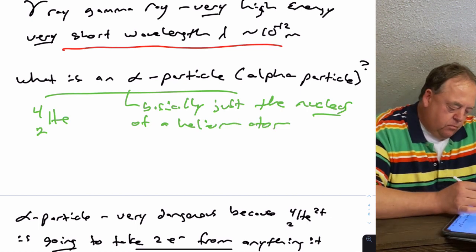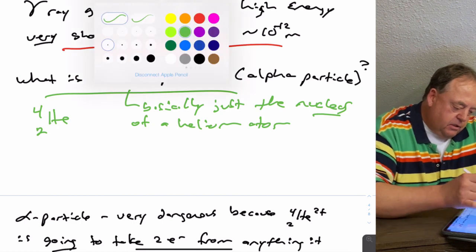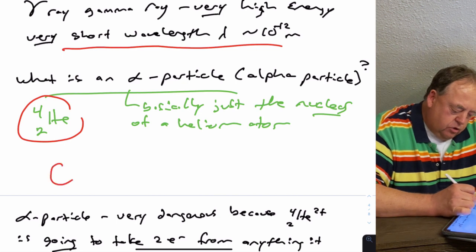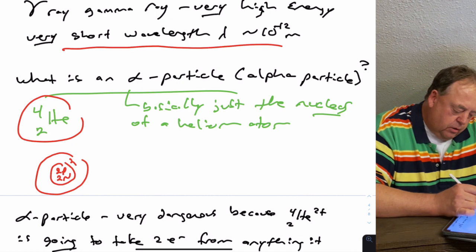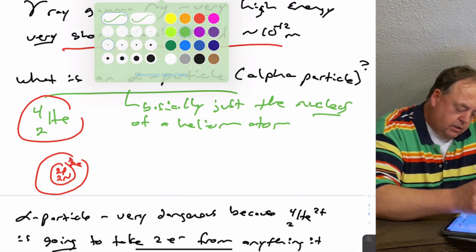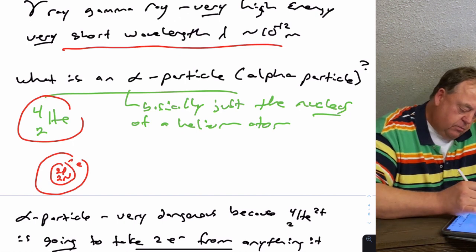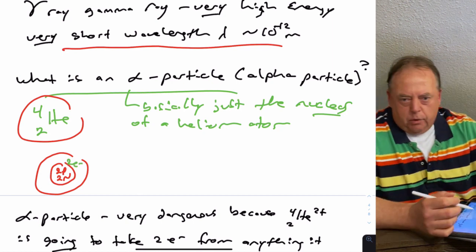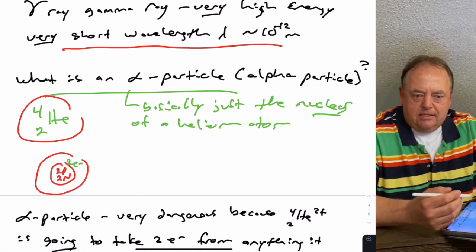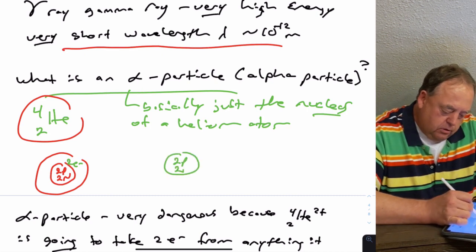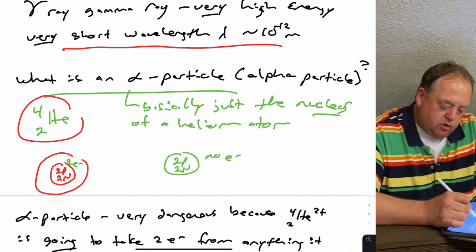Of course in Chem 1, if we saw this, we would write the structure of the atom as 2 protons, 2 neutrons, and 2 electrons, because it has no charge shown, so it must have the same number of protons and electrons, right? Well, that's not what an alpha particle is. An alpha particle is just the nucleus of a helium atom, so it's just 2 protons, 2 neutrons, and no electrons.